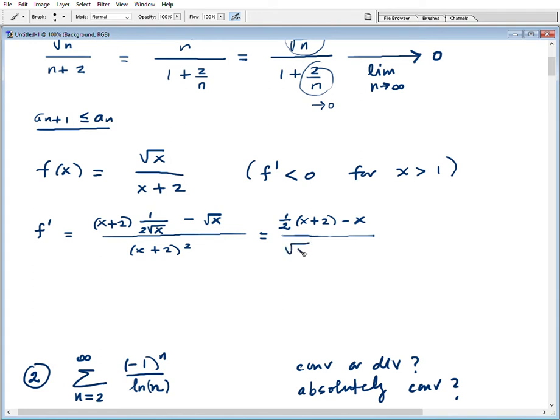And in the denominator we have square root x times (x plus 2) squared. Okay, so up here we have 1/2 x plus 1 minus x, just multiplying the parentheses. All right, so we have minus 1/2 x plus 1 over that denominator. Okay, so this is always positive. The denominator is always positive. That's the square root and this thing squared.